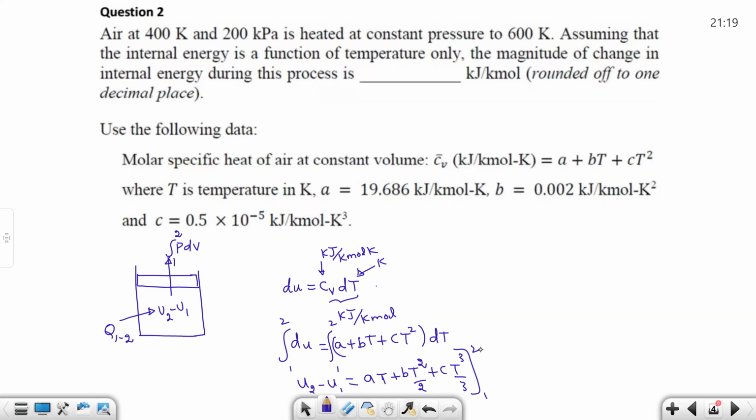The initial temperature is 400 Kelvin, initial pressure is 200 kPa, and T2 is 600 Kelvin.